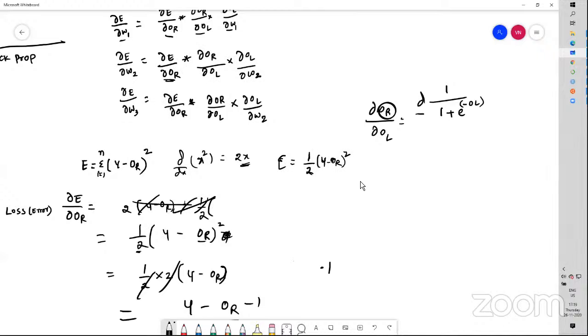So d by dOL of this entire equation. This is like d by dx of 1 by 1 plus e to the power of minus x. Let's try to derive this.